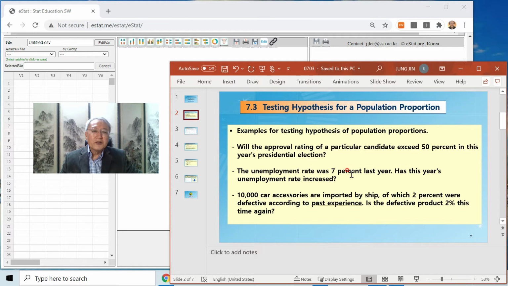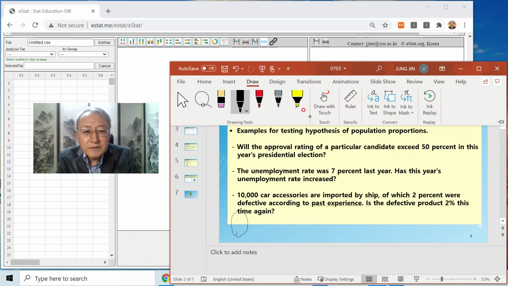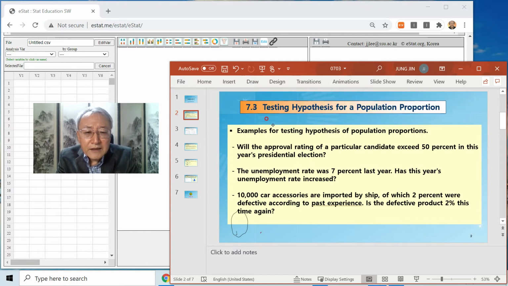Well, if you understood the two previous lectures, it is very similar. What do you know? Suppose you have a population, and I'm curious about the population proportion.